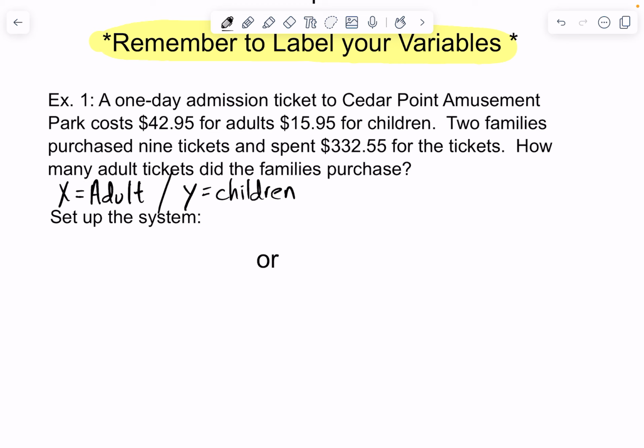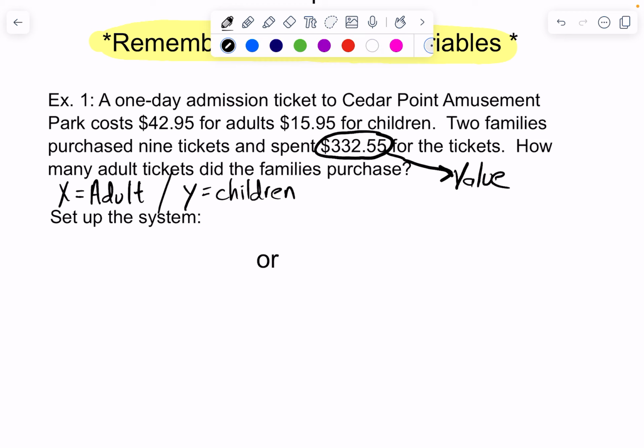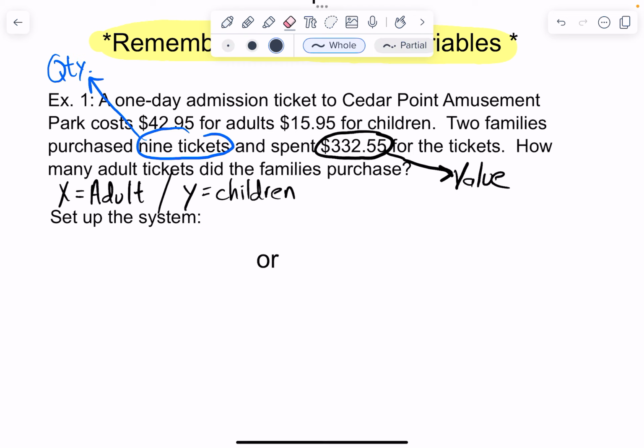And then remember, I have a value of $332.55. That's my value. And I have a quantity of 9 tickets. That's my quantity.